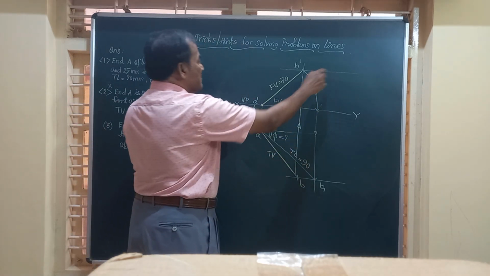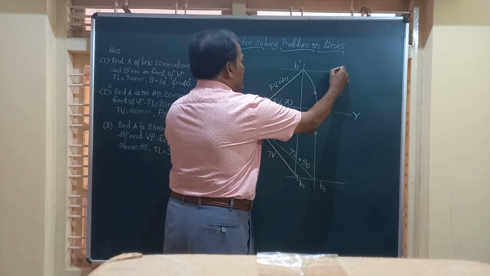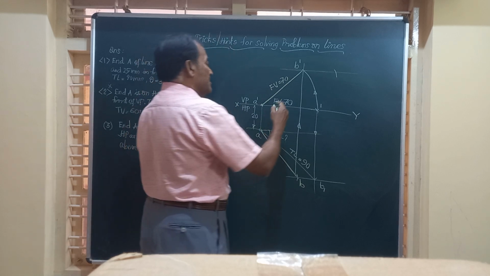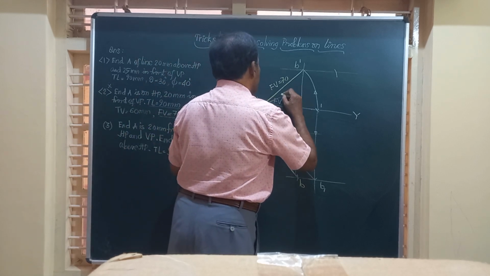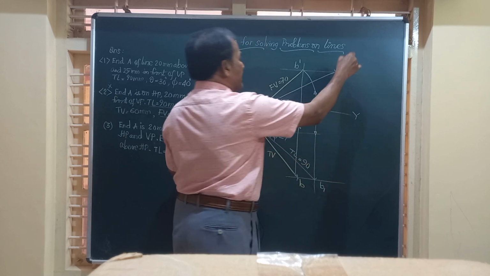We know the locus of this end. Taking A dash as center and 90 millimeter as radius, you can just draw an arc, and joining that gives you B1 dash.